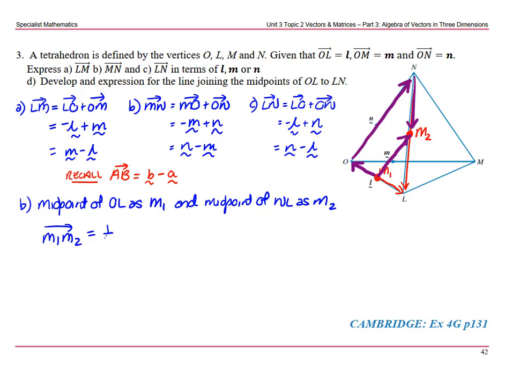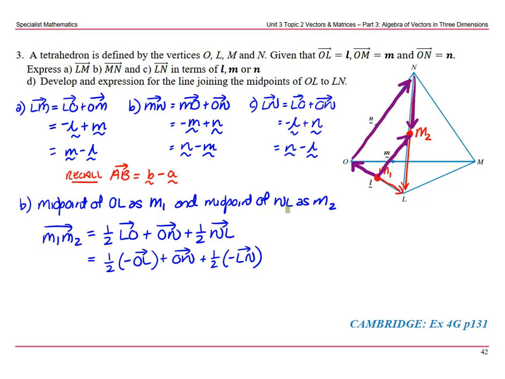So that equals a half of LO plus ON plus a half of NL, which equals a half of negative OL, I'm doing this a long way so you can really follow what I'm doing, plus ON plus a half of negative LN.